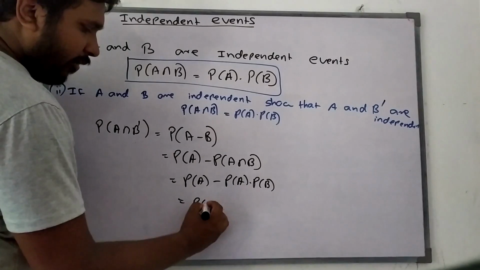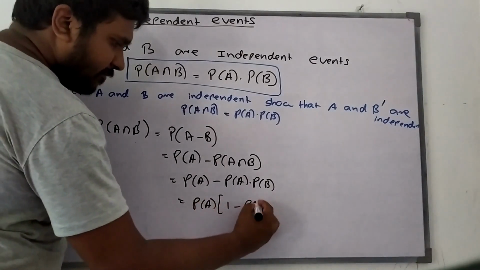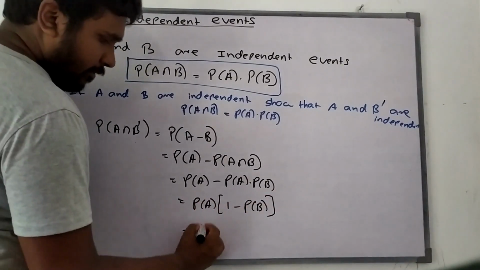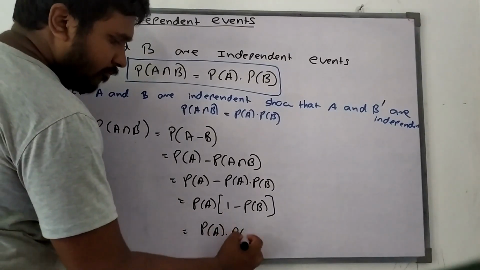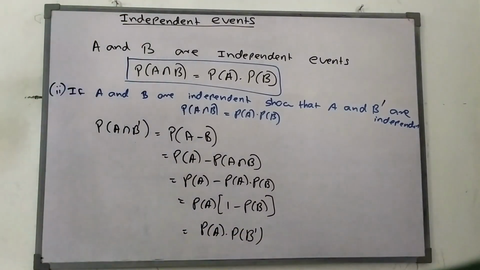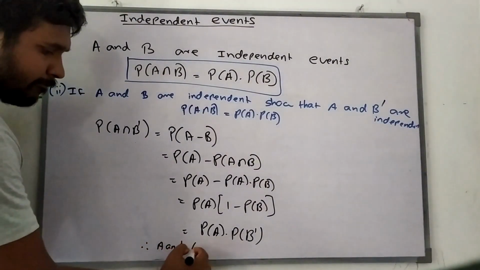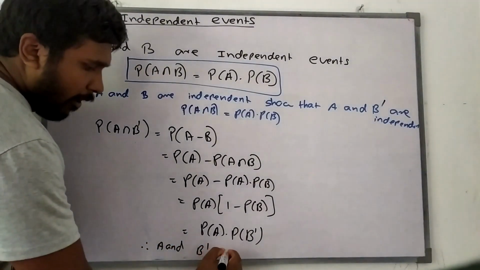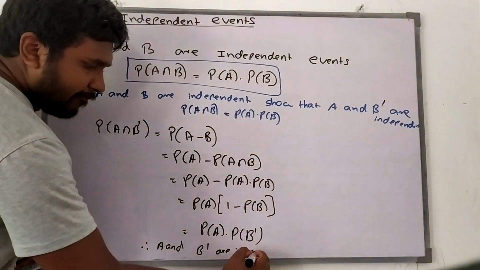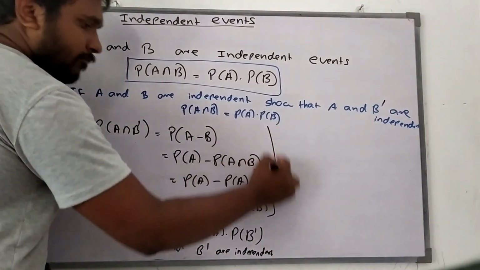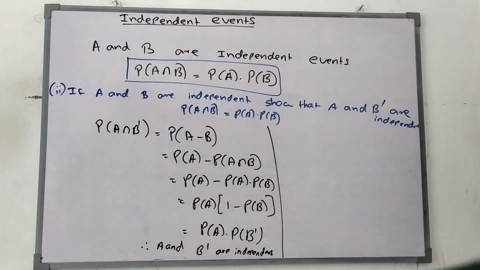You can put P(A) out: P(A) times (1 minus P(B)). This is P(A) into P(B dash). Therefore, A and B dash are independent. This is the way of proving A and B dash are independent.